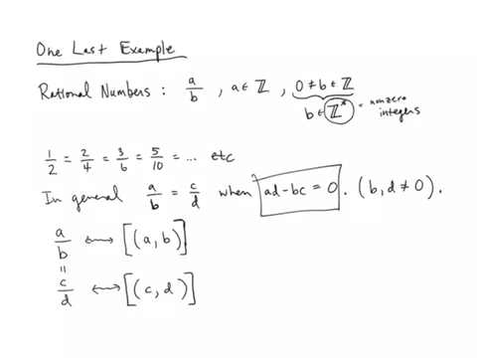Right, so we're going to define R to be... the things we're considering are elements of Z cross Z star, right? And we have to consider equivalence classes of those. So we're going to be talking about one of those pairs being related to another pair, right? So our A set here is going to be Z cross Z star.